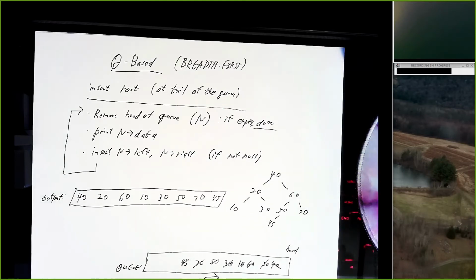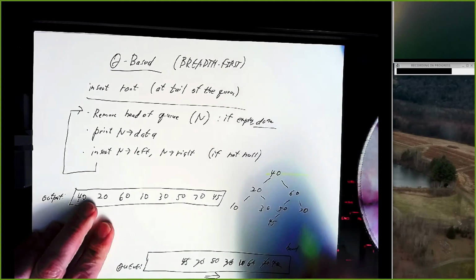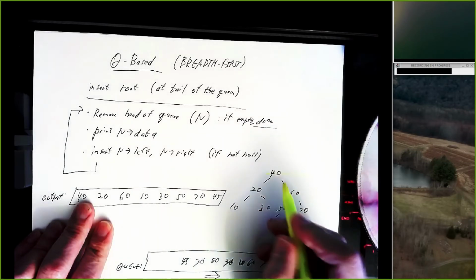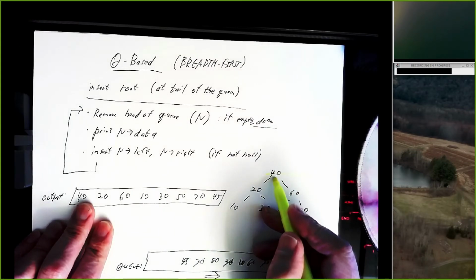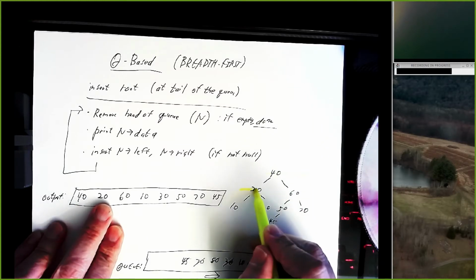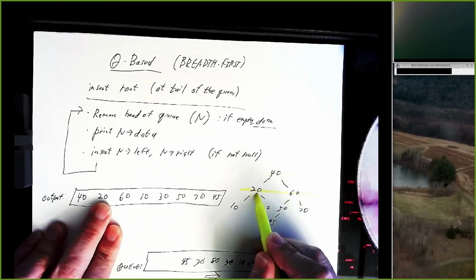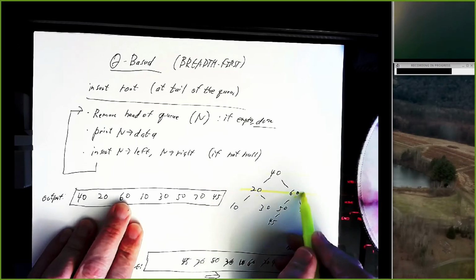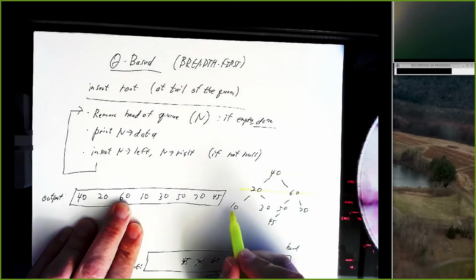And so if we start with the root, there's a 40, and then we come down one level, this is a node with depth 0, go down to a depth of 1, and instead of going any deeper, print out every node at that depth. There's a 20, there's a 60. Now that we've done all the nodes at that depth, go down one level deeper, that's right here, and just print these out from left to right.